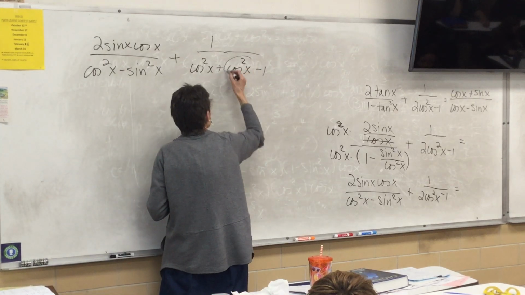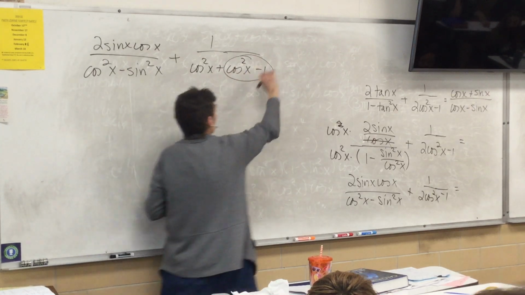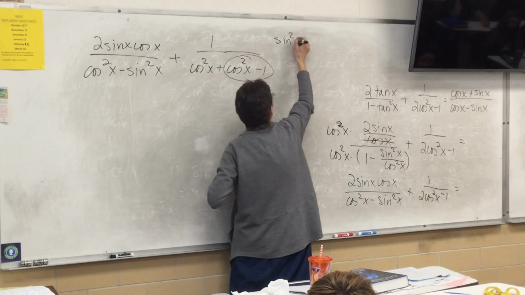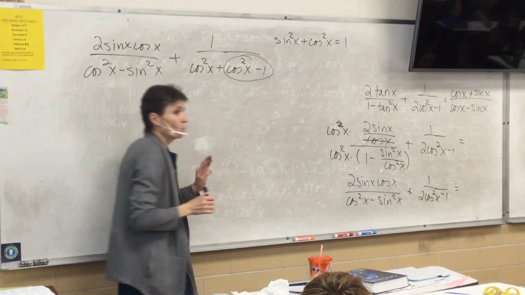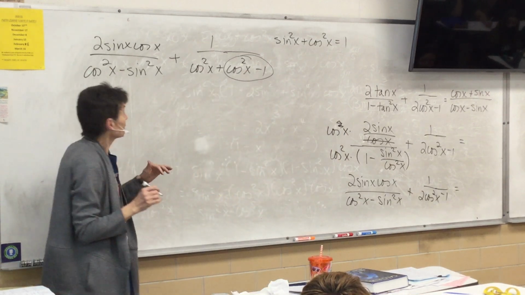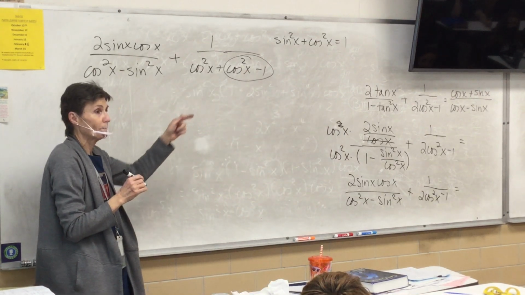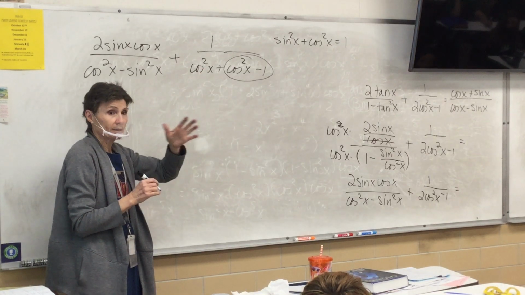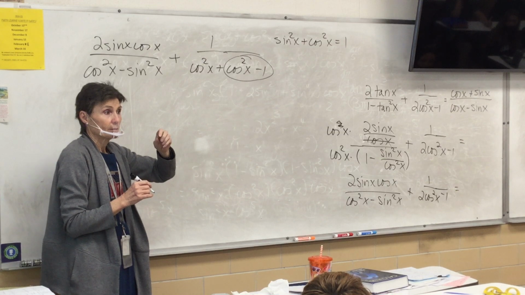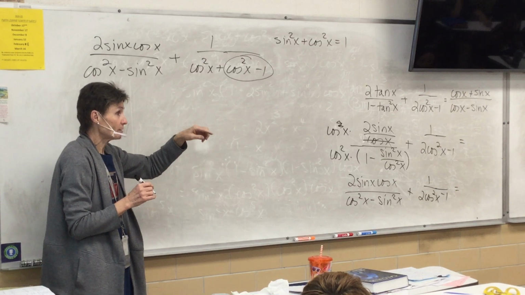What's this? Remember, sine squared plus cosine squared is 1. So what's cosine squared minus 1? Rearrange that equation. What will it equal? Negative sine squared.